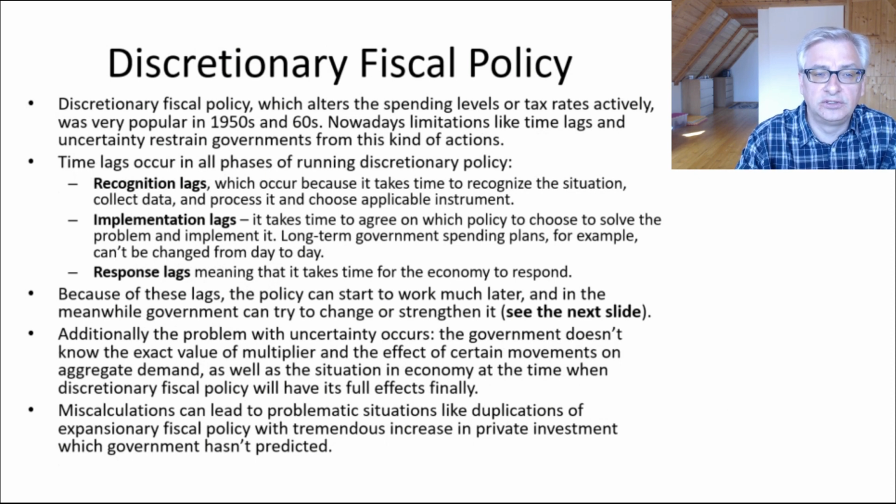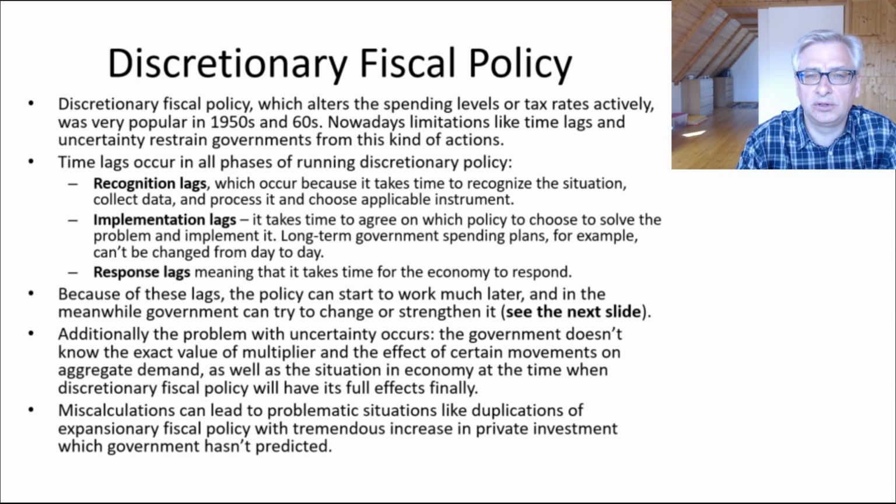Active or discretionary fiscal policy is different. This kind of policy was very popular in the 1950s and 1960s. Later, this popularity decreased quite significantly because we do realize now there are many disadvantages.